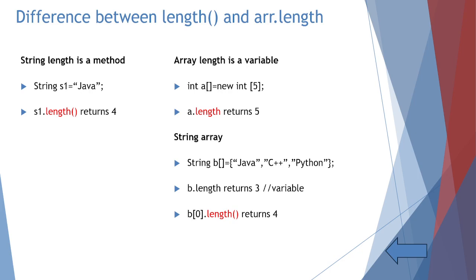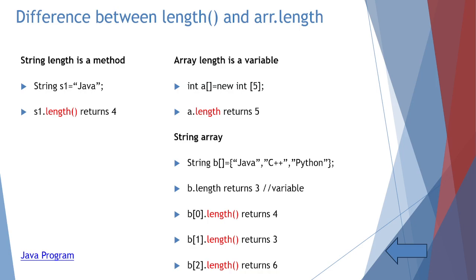For C++, b[1].length() returns 3. Third one, b[2].length() returns 6, because Python has 6 characters.